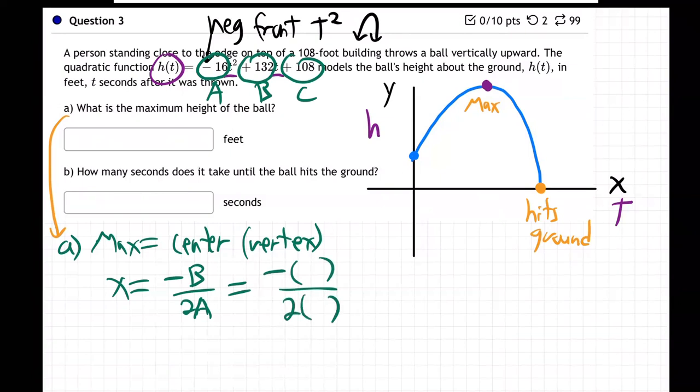The b is 132. The a is negative 16. So I just grabbed the a right here and the b right here and plugged them in. So that's minus 132 over minus 32. Use your calculator. Divide those on your calculator. Somebody have the calculated number there for me? What is minus 132 divided by 32?